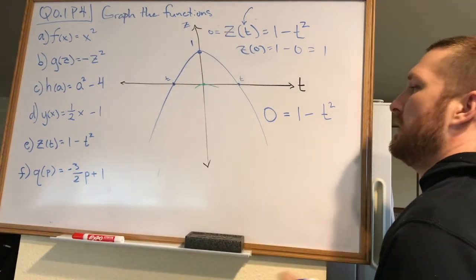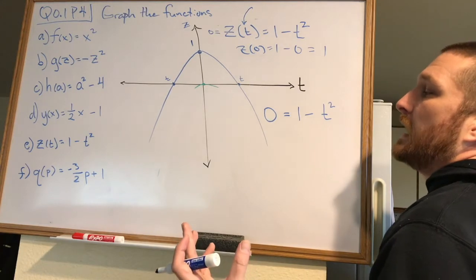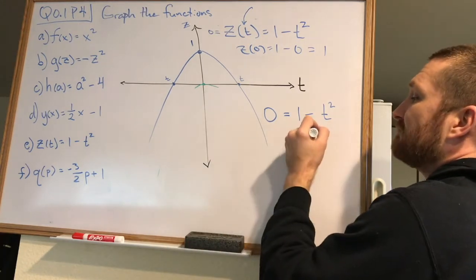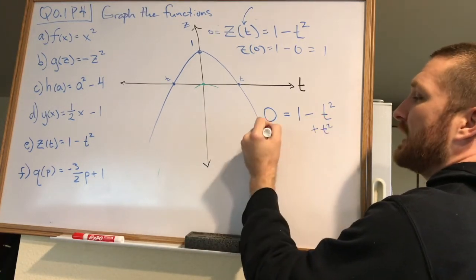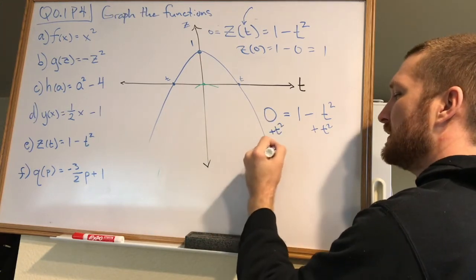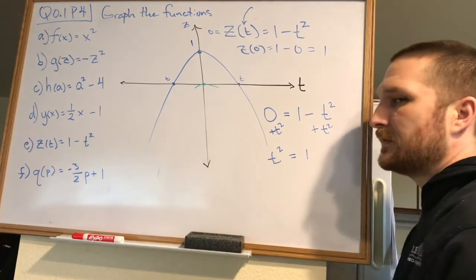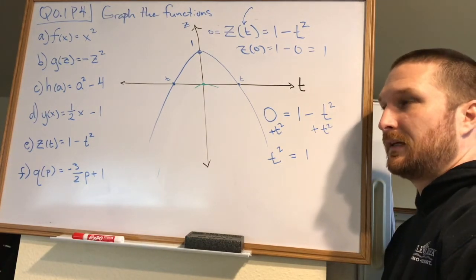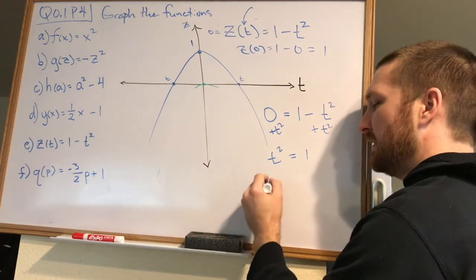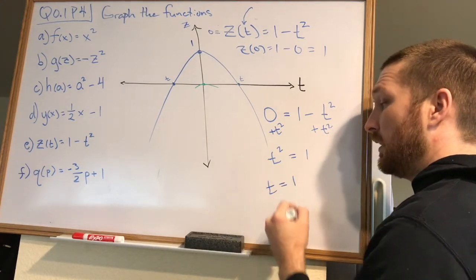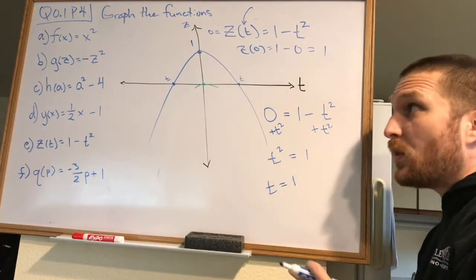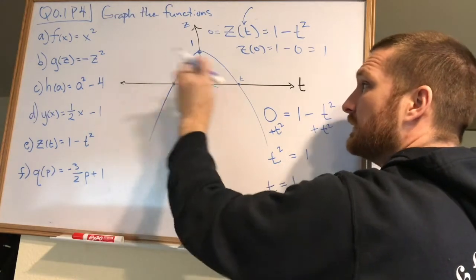Okay. A few different ways of doing this. I don't like working with negatives, so how about we just add t squared to both sides, and we get t squared is equal to 1. So some number multiplied by itself equals 1. I think that's 1, right? t should be 1. Oh, but we know we should get 2 answers here, right?